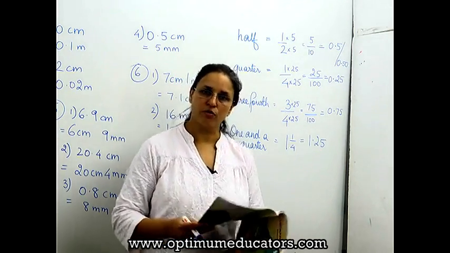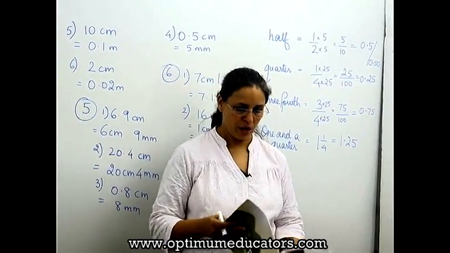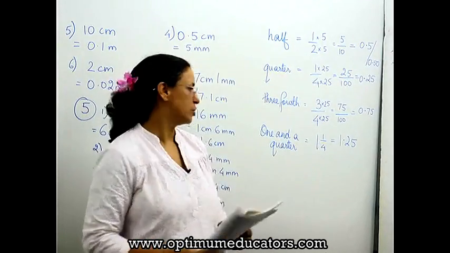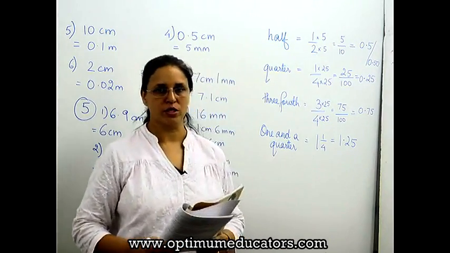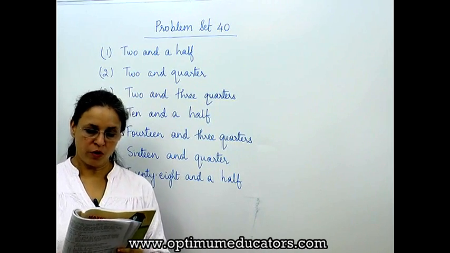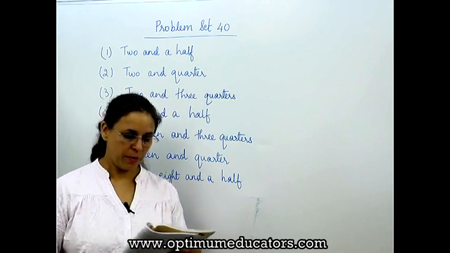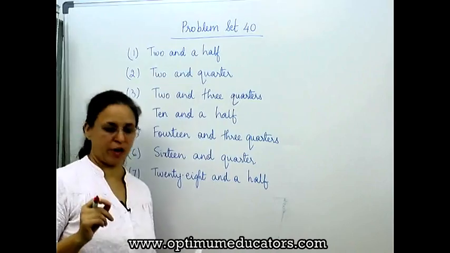So we can write it in fraction also and we can write it in decimal fraction also. So we can see how the quarter can be written, or any number that you have in fraction we can convert into decimal point. In problem set number 40, they have given you: write the following fractions as decimal fractions. यहाँ पे आपको 2.5 दिया है, आपको decimal fractions में लिखना है.